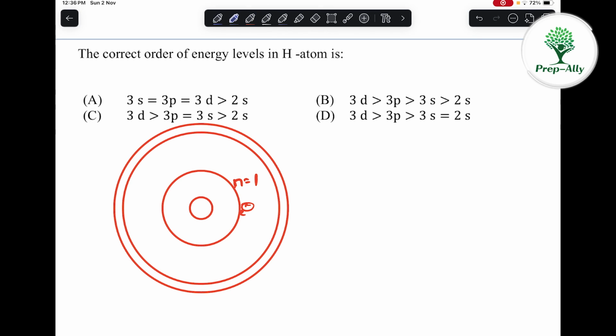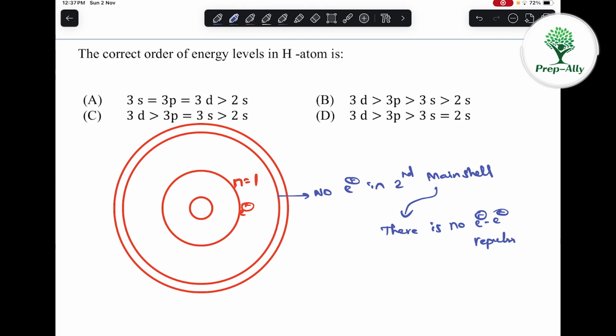Now, when you are talking about other main shells, there are no electrons. Let's say there are no electrons in the second main shell. Then I can say there is no electron repulsion because only one electron is present.